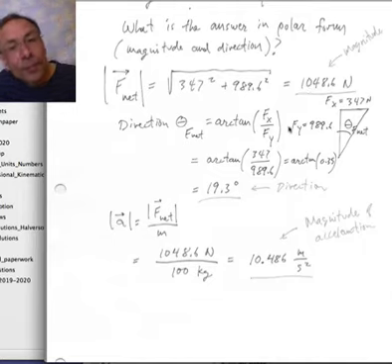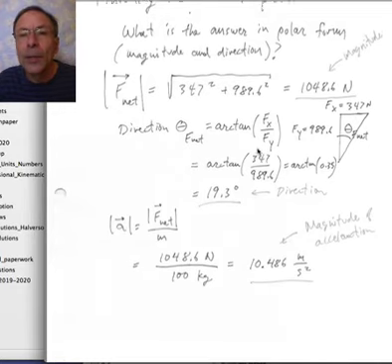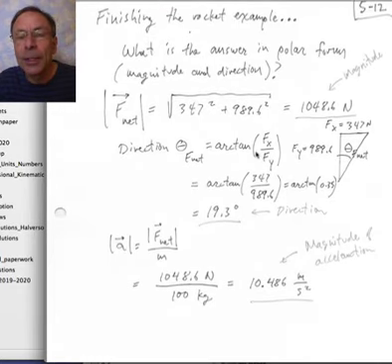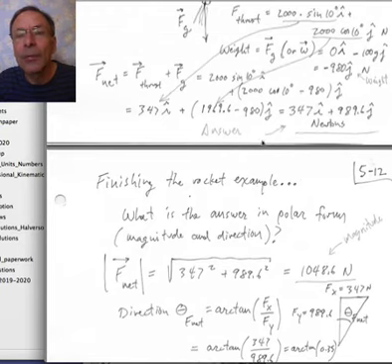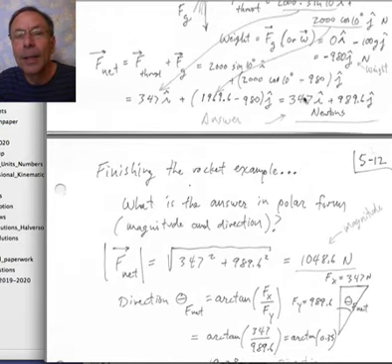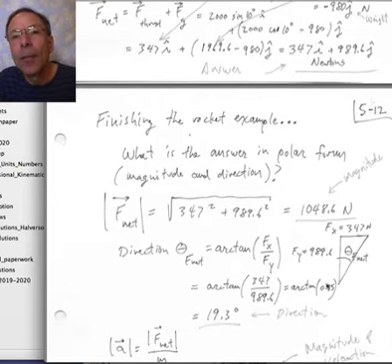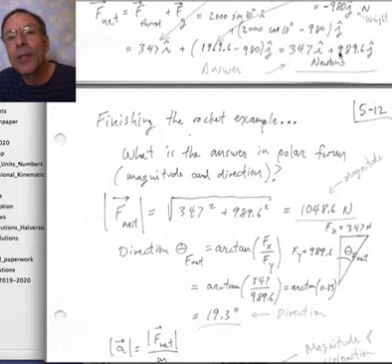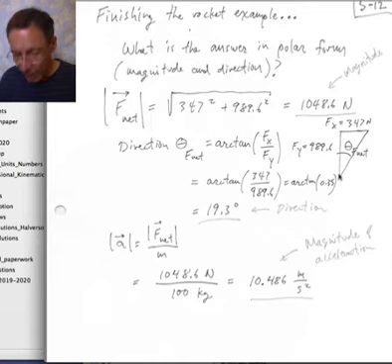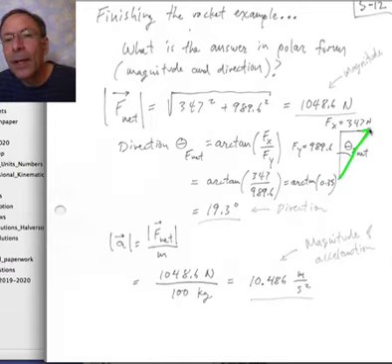Now what about the direction? Well, the direction is going to be found by, you need to diagram this, really. So the i part is positive, the j part is positive, and so we know that the answer vector is going up and to the right. And then, okay, so now this is the vertical component here, and this is the horizontal component.